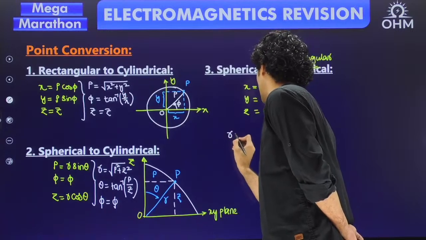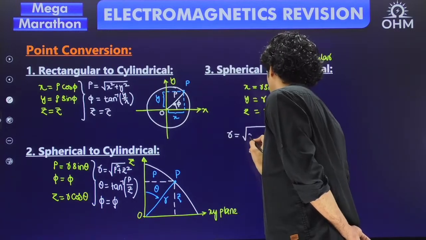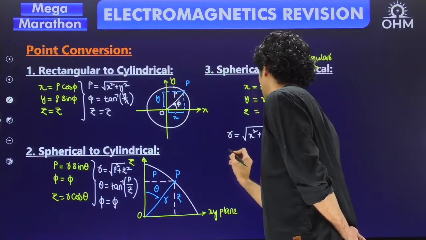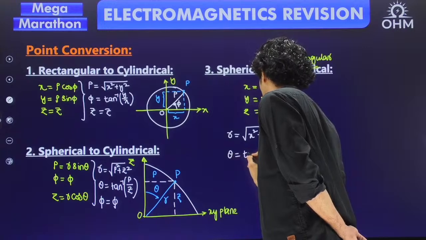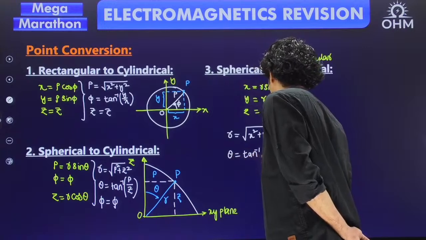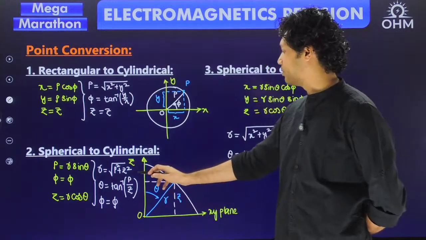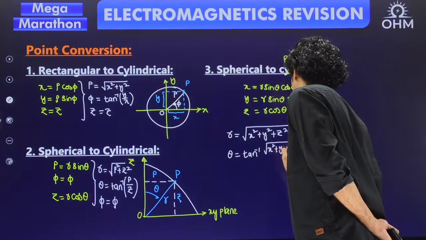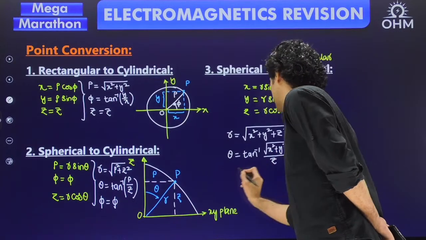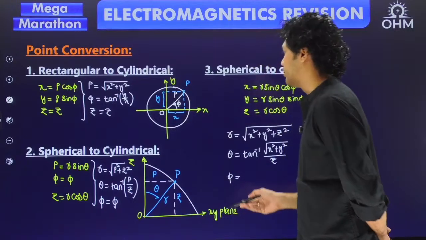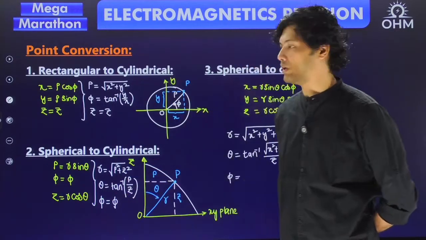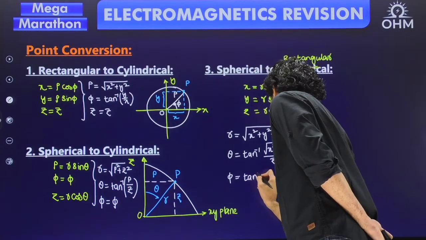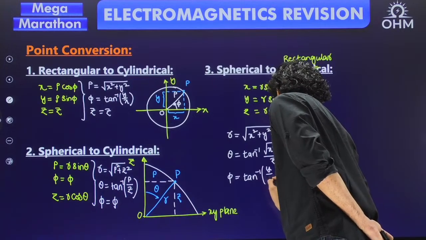Combining both, we have r equal to the square root of x squared plus y squared plus z squared, and theta is equal to tan inverse of rho by z, where rho is again the square root of x squared plus y squared, divided by z. Phi in cylindrical and spherical is the same, and that phi is equal to tan inverse of y by x.